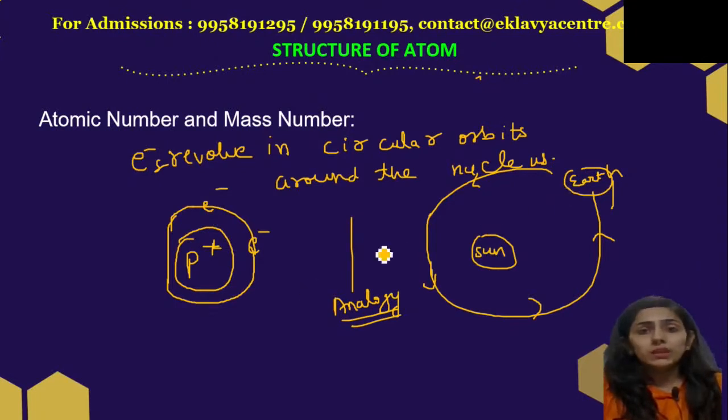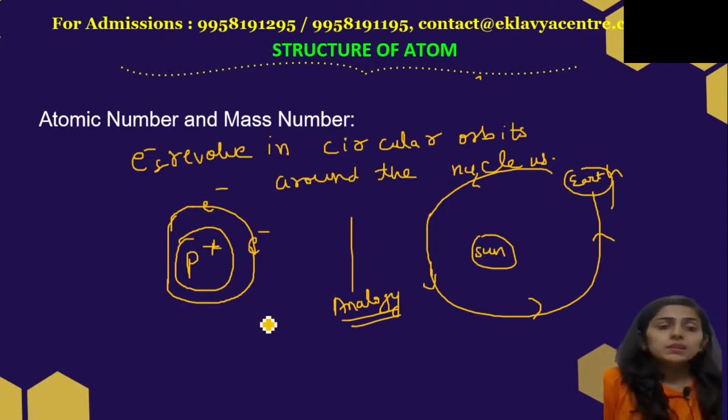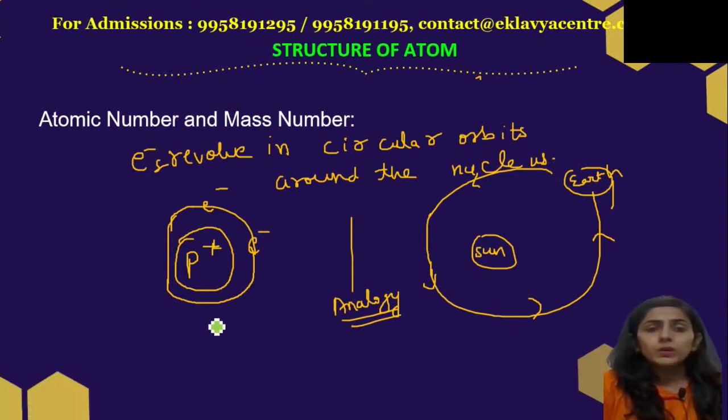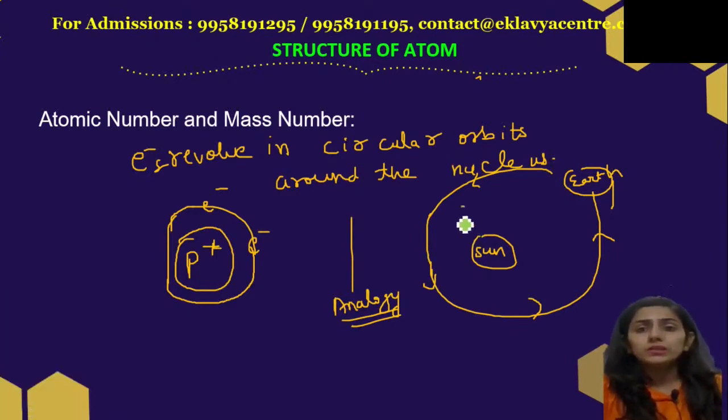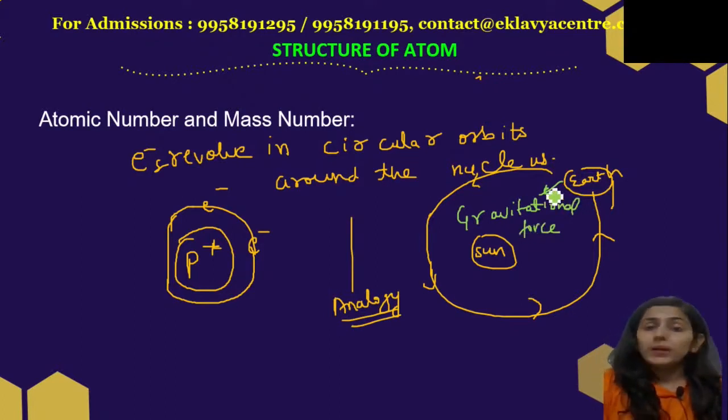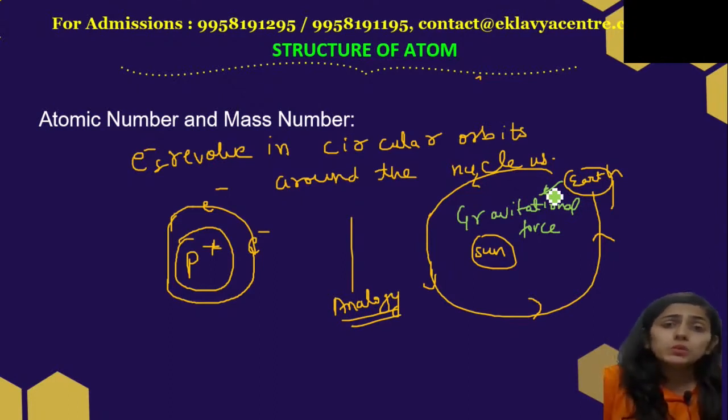Now we all know that the sun tries to pull Earth towards it through gravitational force. You must have studied gravitational force in physics, right? But does it happen that Earth goes that close to the sun?